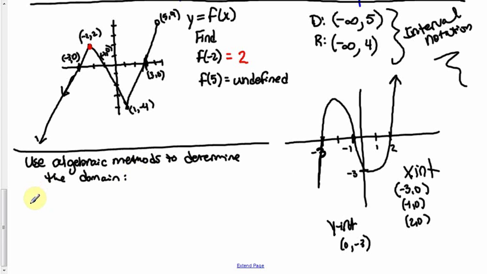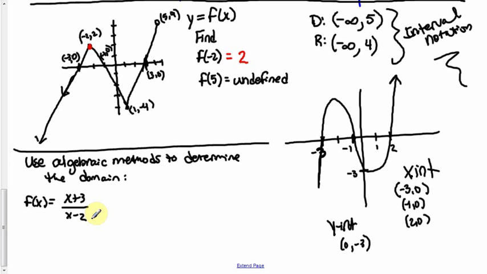So the first one I want to look at is f of x equals (x plus 3) over (x minus 2). We're not going to graph this one and look at the picture to determine the domain. We're going to analyze the function.